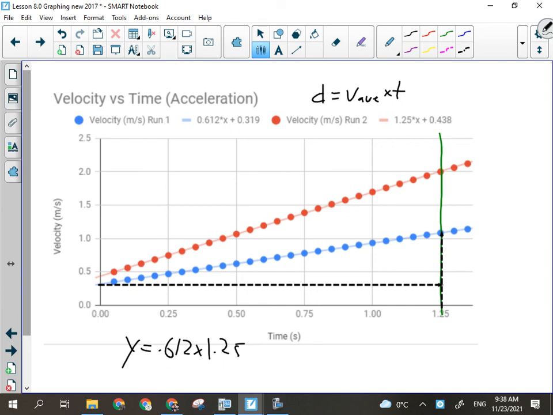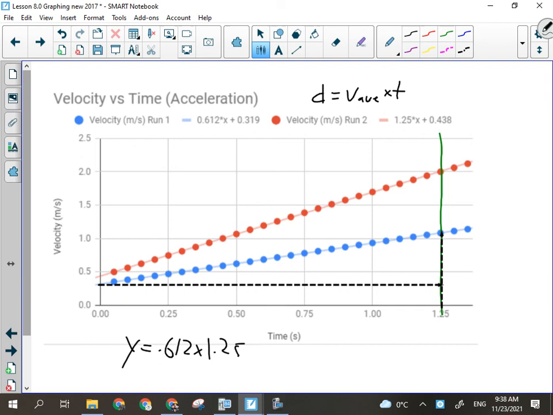Why not? If I add on 0.319, I'm calculating this whole thing. I only want to know this part right here. Does everybody follow me on that?